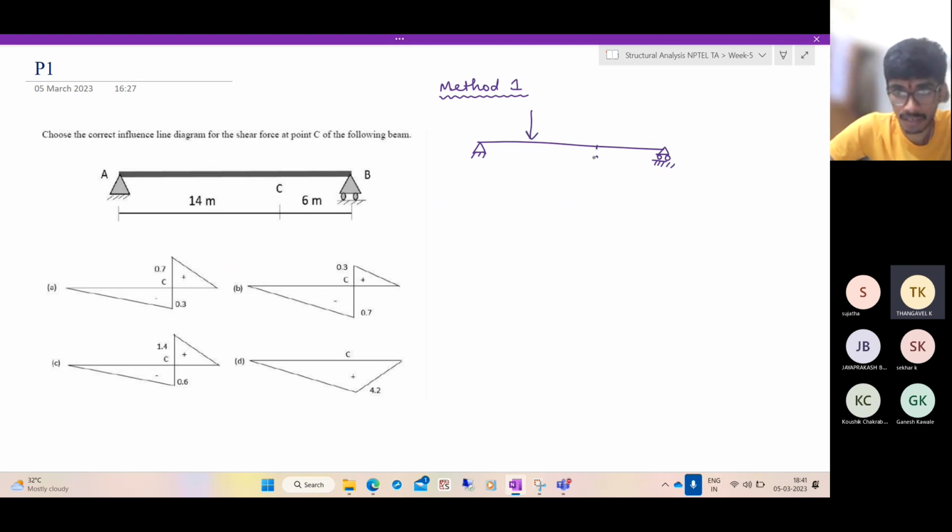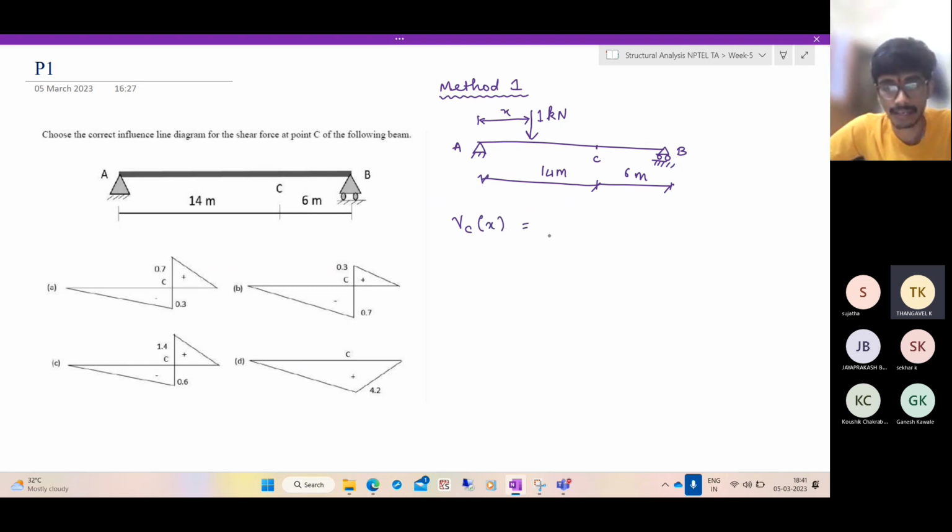This is the point C. This is 14. This is 6 meters. This is the point A. This is the point P. And this is 1 kilonewton always. Now they're asking the influence line diagram for the shear force VC as a function of X. So what is VC of X?